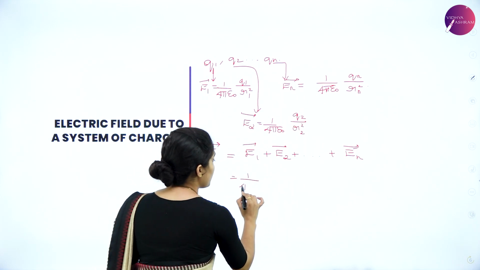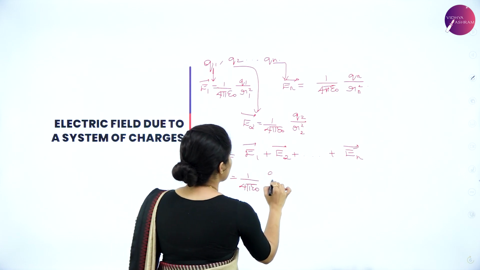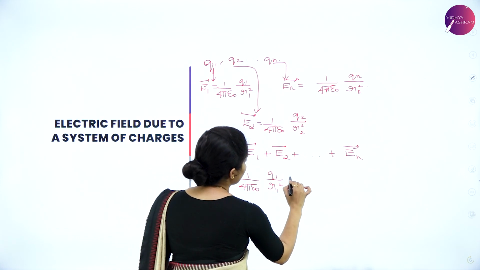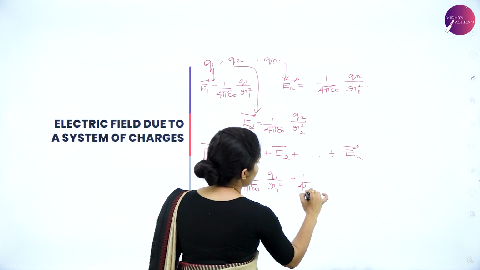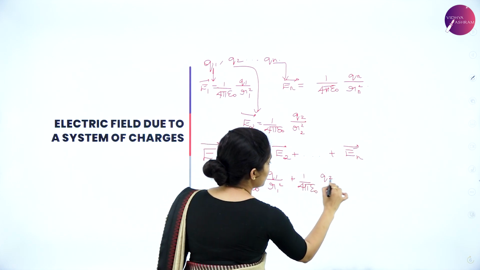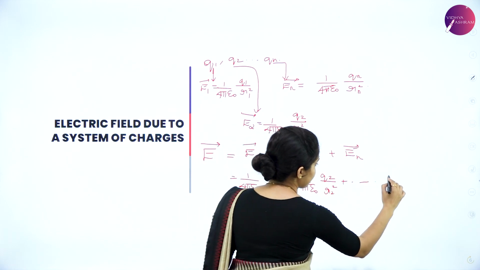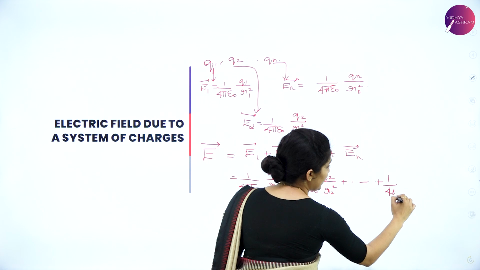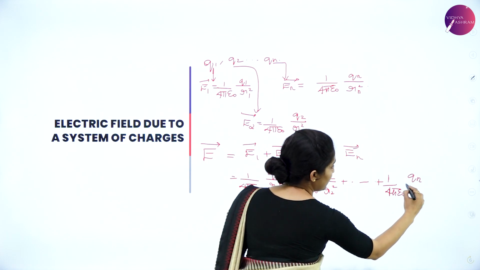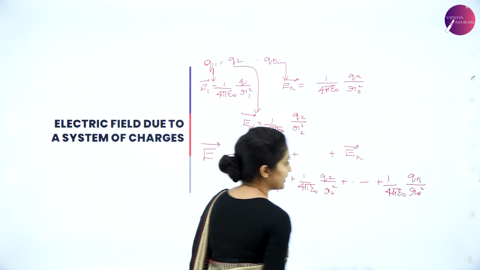So 1 by 4 pi epsilon naught Q1 by R1 square plus 1 by 4 pi epsilon naught Q2 by R2 square. It goes up till 1 by 4 pi epsilon naught Qn by Rn square.